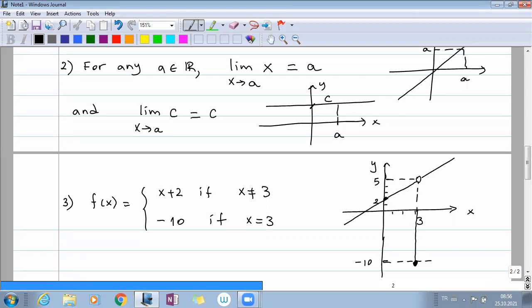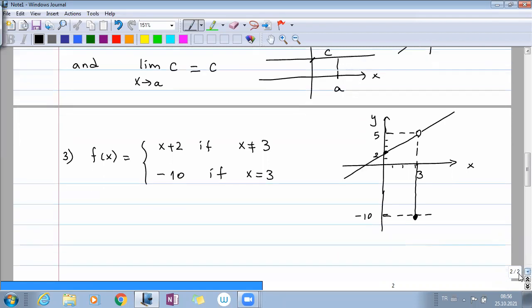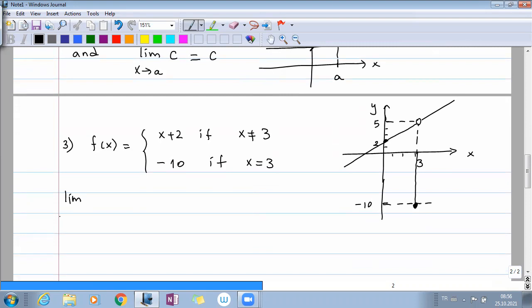But when x is equal to 3, the value is defined to be minus 10. But when we are looking at the limit of the function as x approaches 3, we are looking at the limit of the expression x plus 2. So we don't care that at the point 3, the function is defined to be minus 10. We look around 3, and around the point 3, the function is defined to be x plus 2. So for the limit, we take the limit of x plus 2, so the limit is 5.